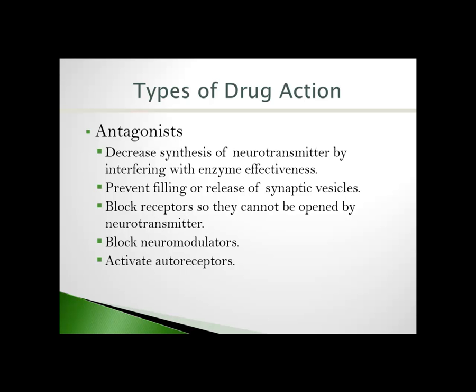It can block receptors on the dendrites so that the neurotransmitter cannot open them to start or stop an action potential. It can block neuromodulators. What neuromodulators do is affect neurotransmitter action in a large area, and so if you block neuromodulators, you can decrease neurotransmitter action in that large area.